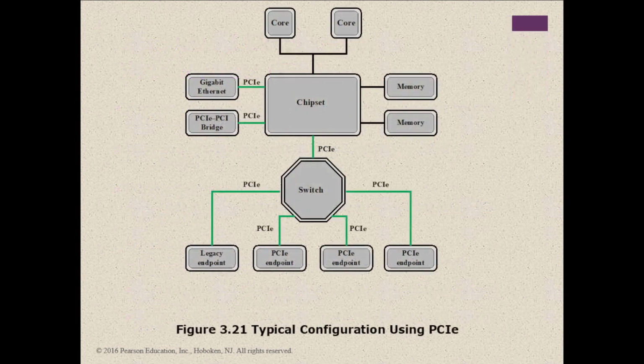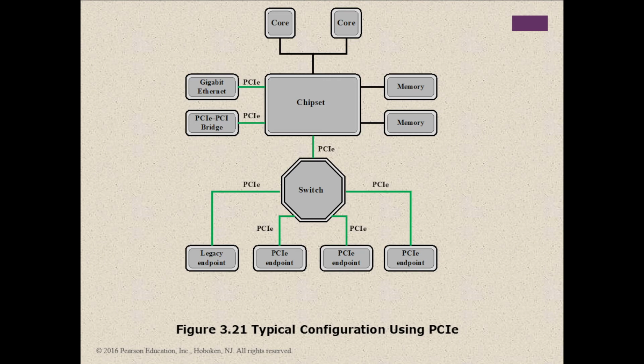So in the next slide, we have the typical configuration using PCIe, or PCI Express. This figure shows a typical configuration that supports the use of PCIe. We have a root complex device, also referred to as a chipset or a host bridge, that connects the processor and the memory subsystem to the PCI Express switch fabric comprising one or more PCIe and PCIe switch devices.